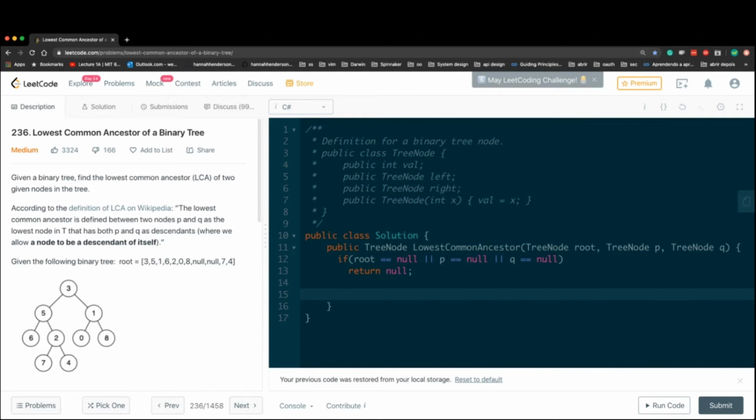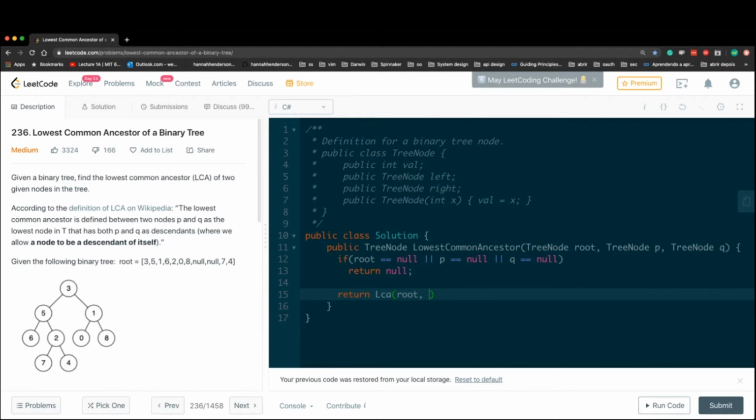Okay, so as we already checked the inputs, we can just start the call of our recursion. The exercise is asking for the tree node, the LCA tree node, so we will just return the result of our function. Our function we can call LCA, and the function will use all the inputs that we have here.